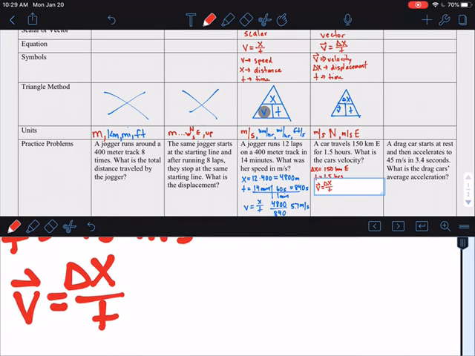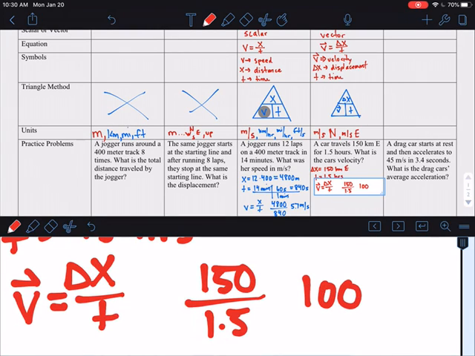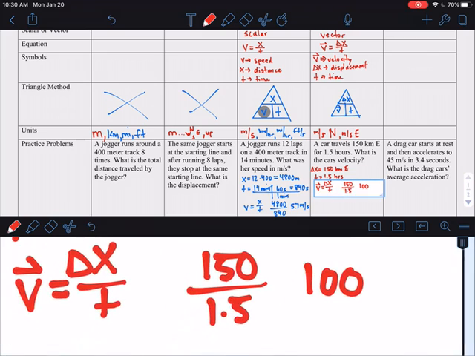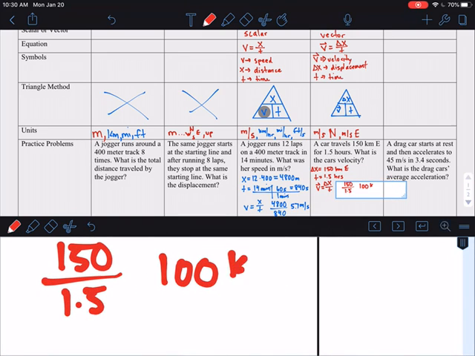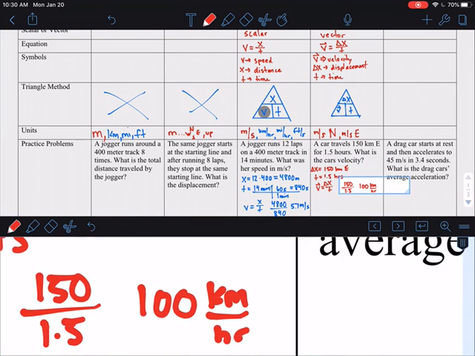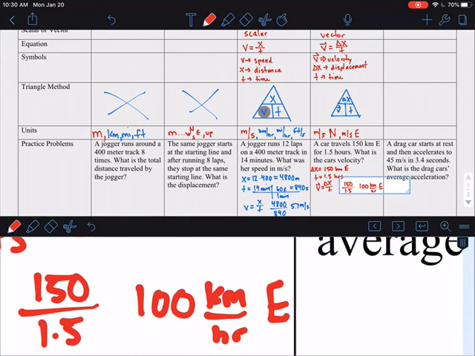So we have 150 divided by 1.5, which is equal to 100. We divided kilometers by hours, so our new unit is kilometers per hour. And what direction did we travel? East. So our final answer is 100 kilometers per hour east.